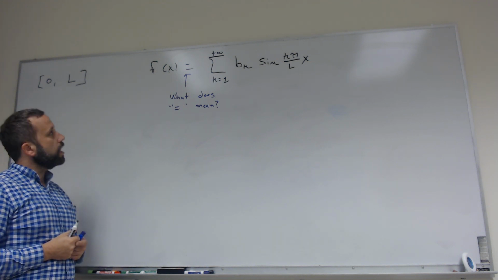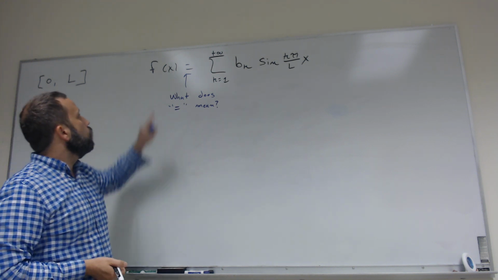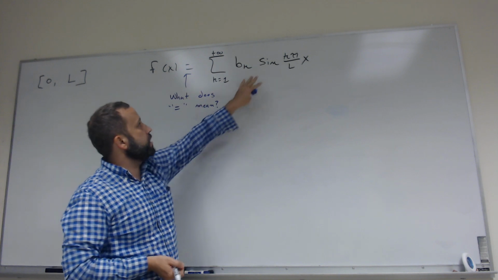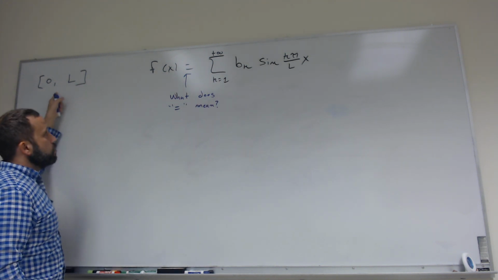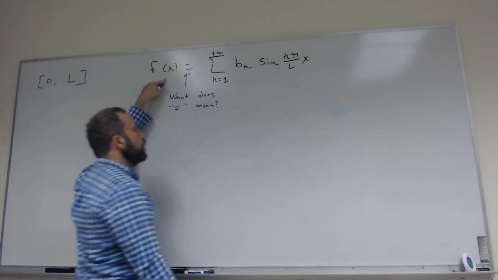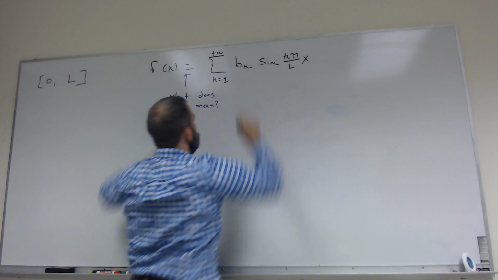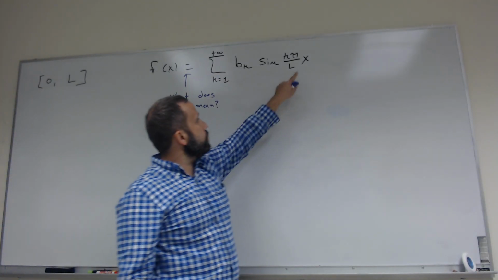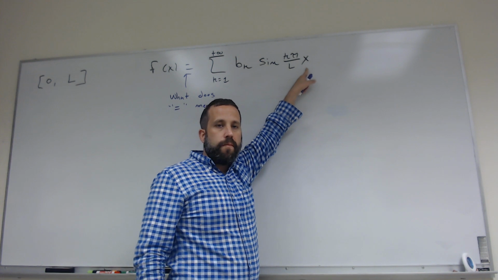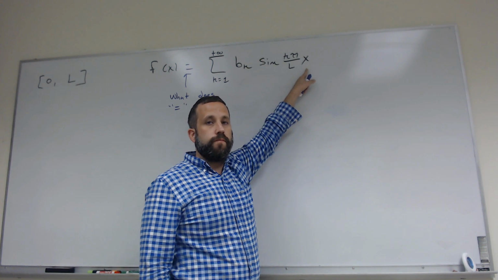Let me just illustrate this with the following example. Our most basic understanding of what this means is that if I look at any x from 0 to L and I plug it in here and I plug it in here, these two things are going to be equal to each other. On the other hand, observe that if I plug in x equal to 0 or x equal to L on the right hand side, I'm going to get 0.